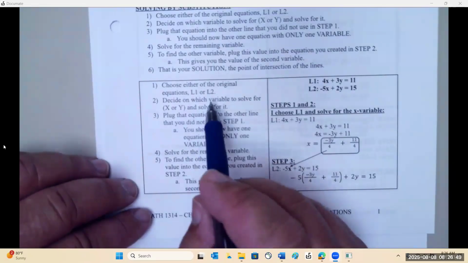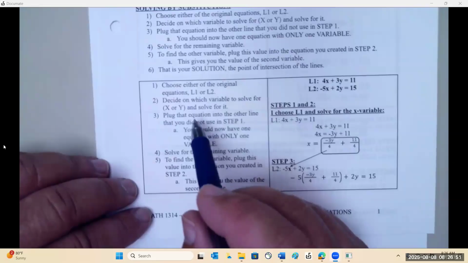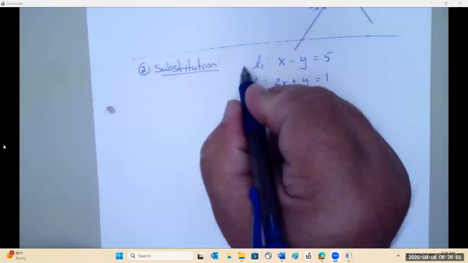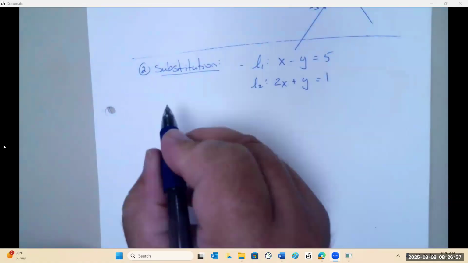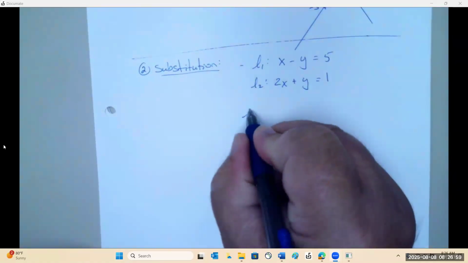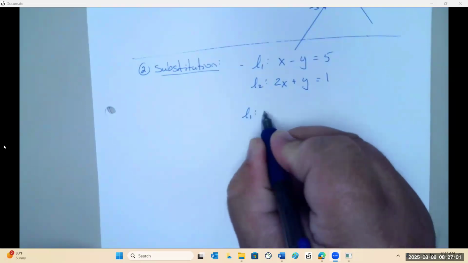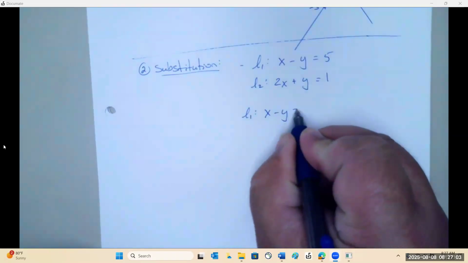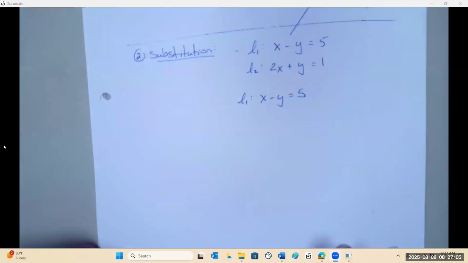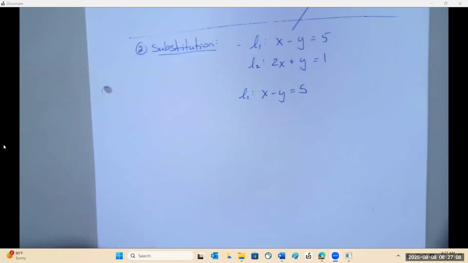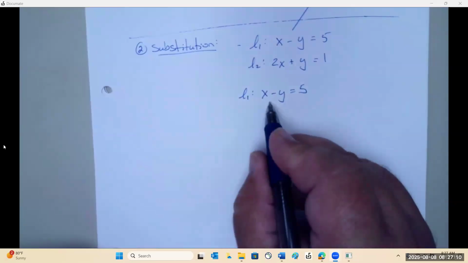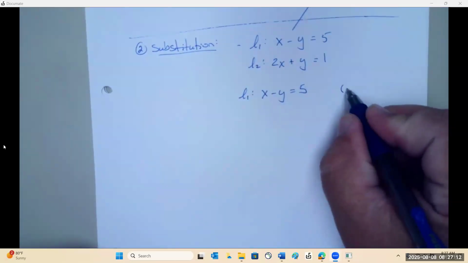Because once we choose the line, then we have to pick a variable. So you're saying choose line 1. What variable do you want to solve for? Okay, so solve for x.